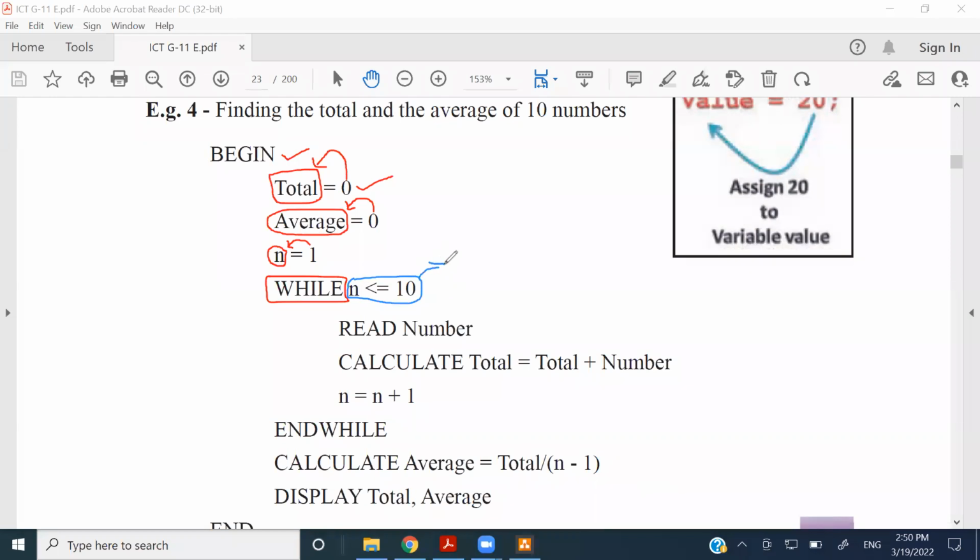That means it is checking whether the value of n is less than 10. According to the check, it will return the value either true or false.